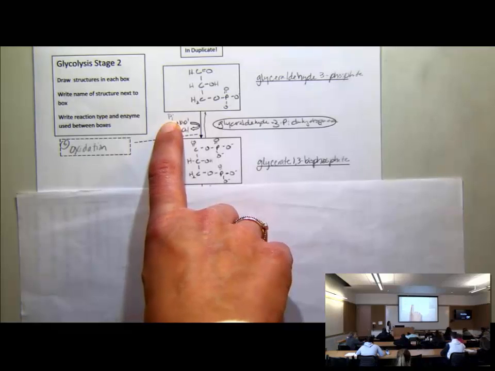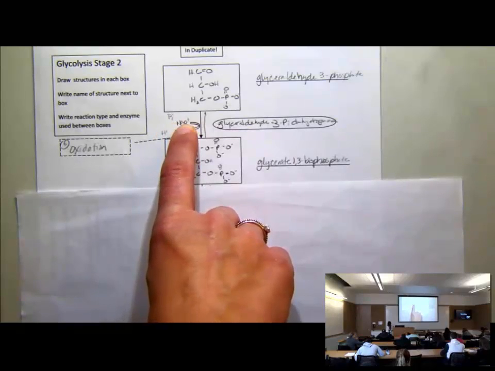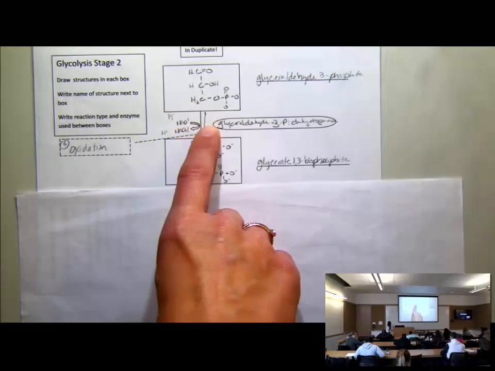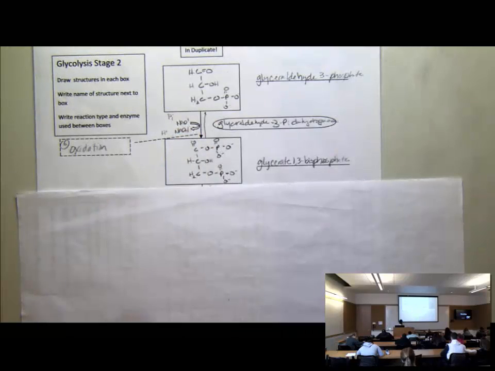That's that inorganic phosphate, PI. And then the NAD comes in and NADH comes out. Basically, what I want you to know is that it happens in 2 steps. The oxidation is the spontaneous part, the phosphorylation is the non-spontaneous part. And when you couple them, in reality, it comes to close to 0.